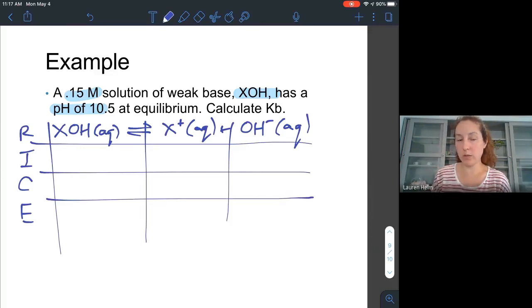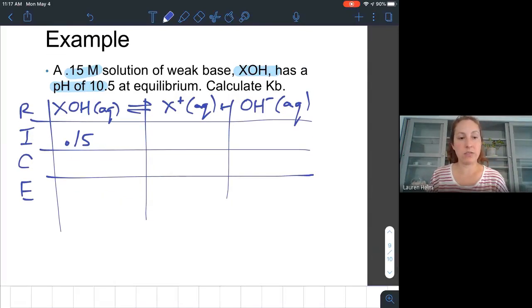Start with what we know. Our initial concentration of the base was 0.15 molar. And then we can use our pH to find the concentration of hydroxide.